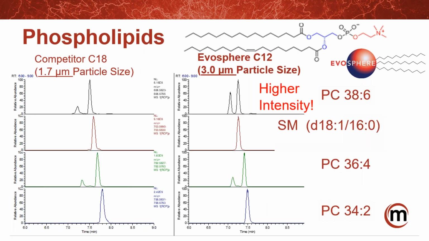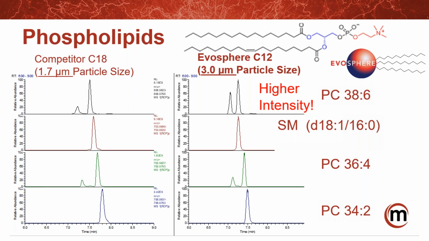You have the phospholipids. You have the competitor C18 on the left. The first one, 38.6, this was significant at half the back pressure. Just so we're all clear, half the back pressure and a little bit more retention too.